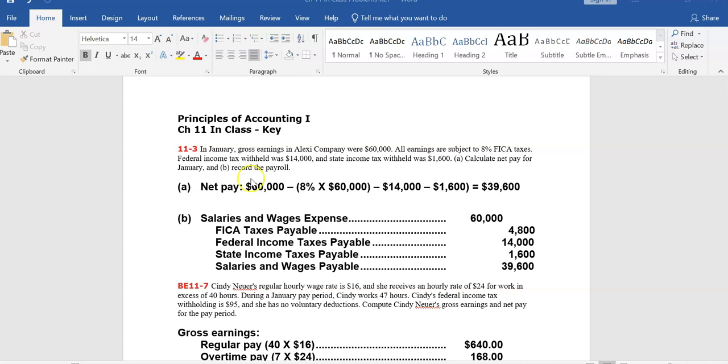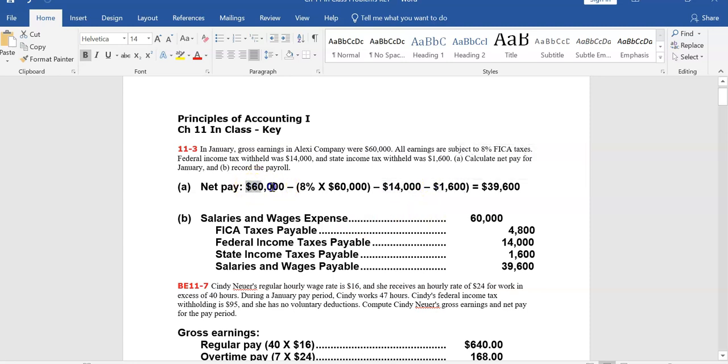So the gross pay was $60,000, given in the problem. Of that earned pay, 8% is being withheld for FICA taxes. So 8% of the $60,000 will be withheld for FICA. Federal income tax withheld was $14,000. State income tax withheld was $1,600.